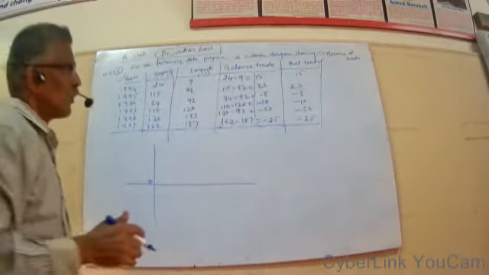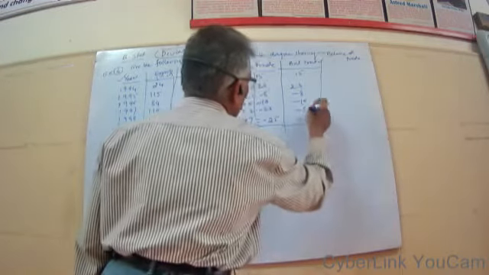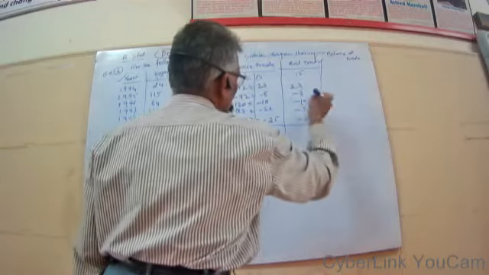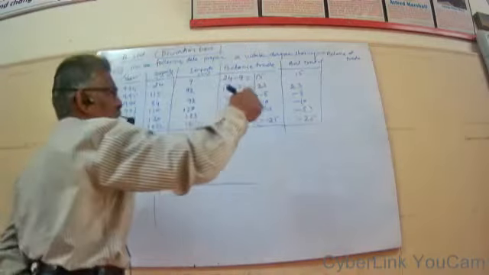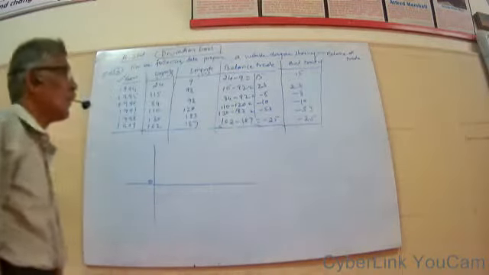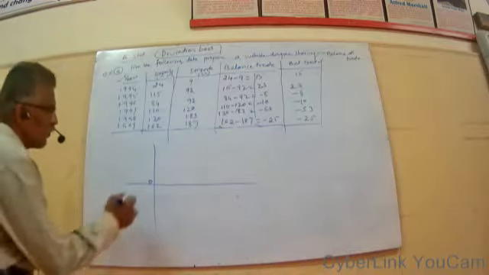On the negative side, minus 53 is the maximum value, the big value negatively. The positive big value is 23. To cover these two points you have to put a scale here.